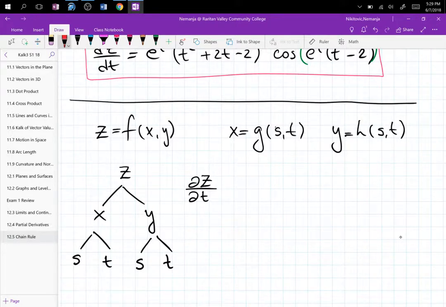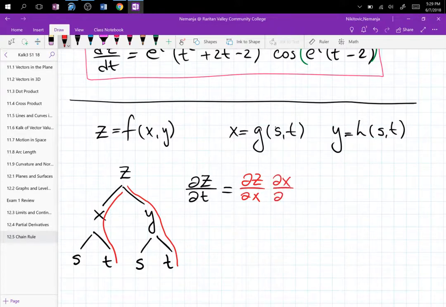Guys, please observe that I have from z to t and from z to t, two red paths. So I'm going to take the two red paths and say partial z, partial x, because there was branching at z, and then times partial x, partial t, because there is branching at x.